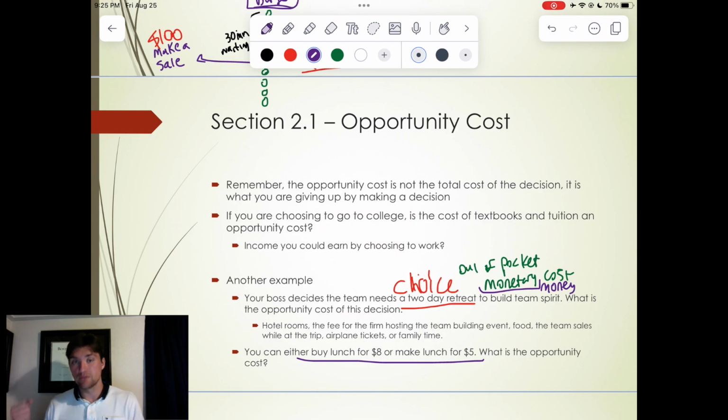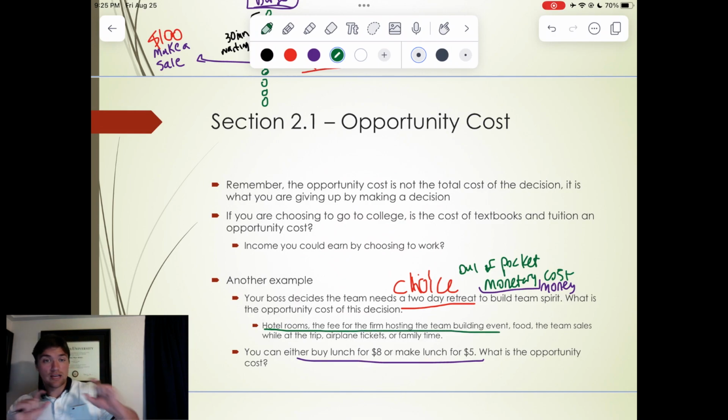So it's a little bit difficult to put a number to. We do have something that we're going to learn later on in the year that you could use here, but definitely money is a little bit tricky in terms of family time. But everything in green is the cost of the retreat. Everything in purple is the opportunity cost. So that should give you a little bit of understanding about the difference between the two.